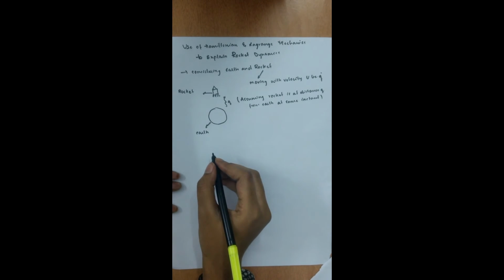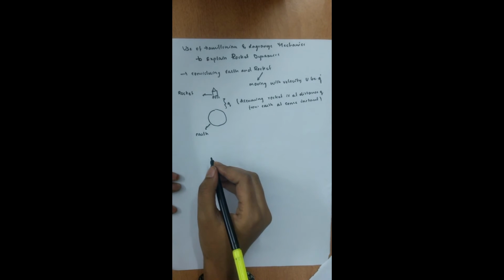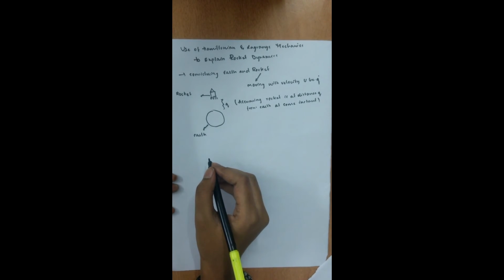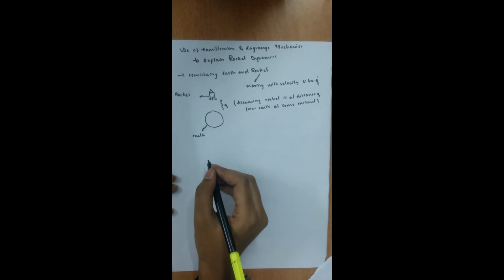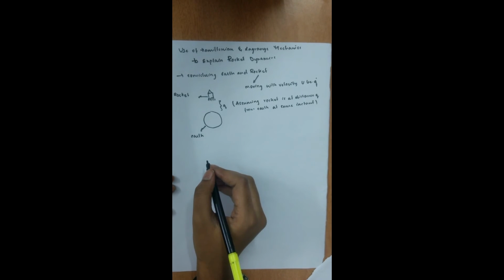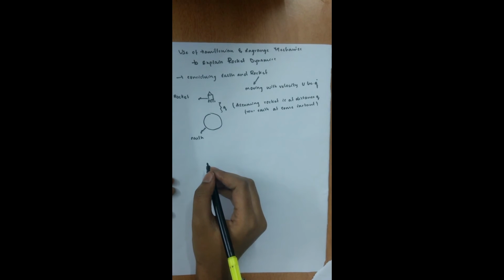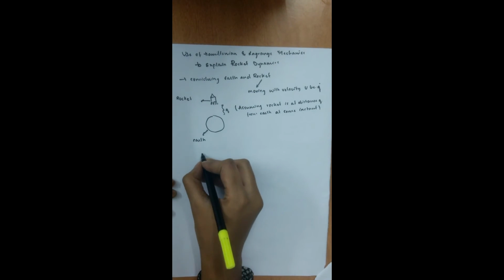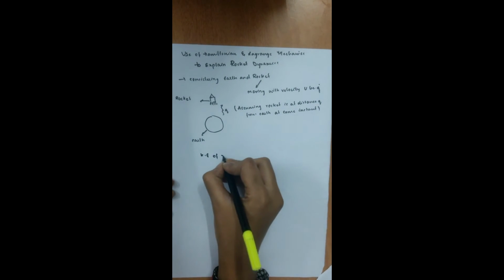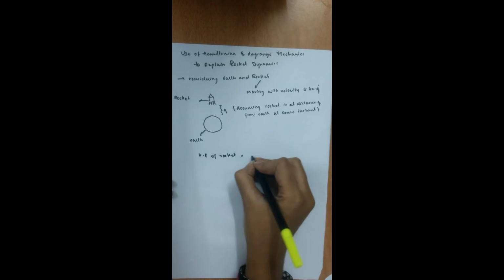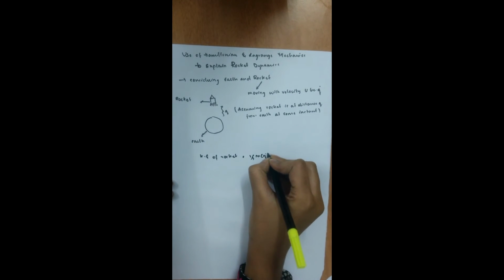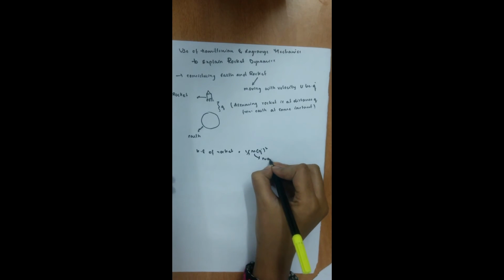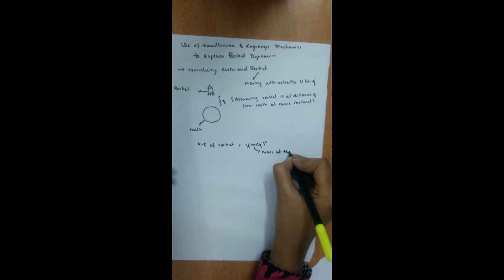The next topic, use of Hamiltonian and Lagrangian mechanics to explain rocket dynamics. Considering Earth and rocket, let the rocket be moving with velocity q dot, and assuming the rocket is at a distance q from the Earth at some instant, we know that kinetic energy of the rocket equals half m q dot whole square, where m is the mass at that instant.